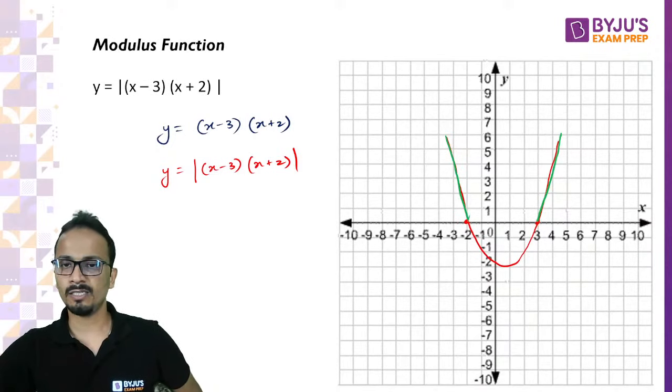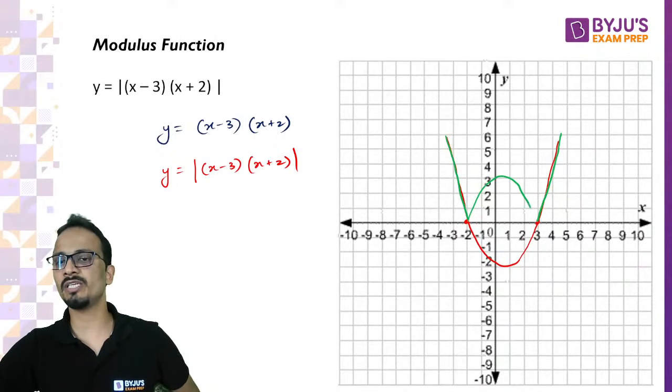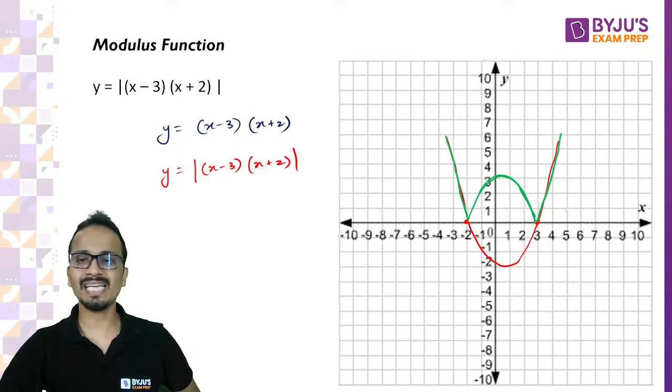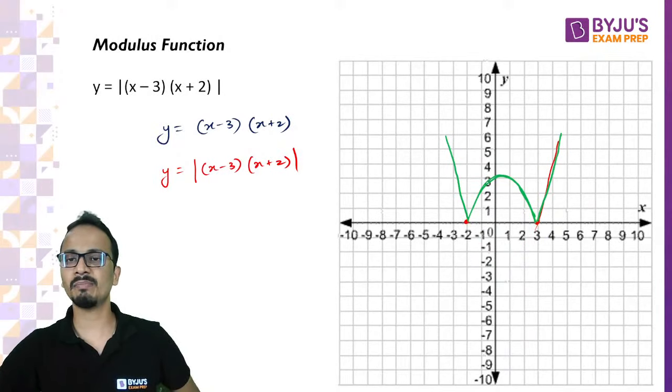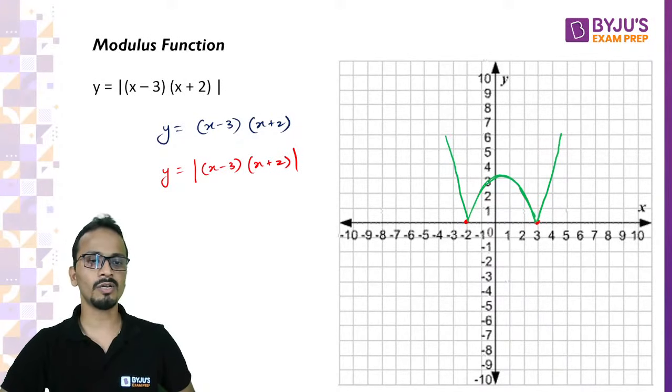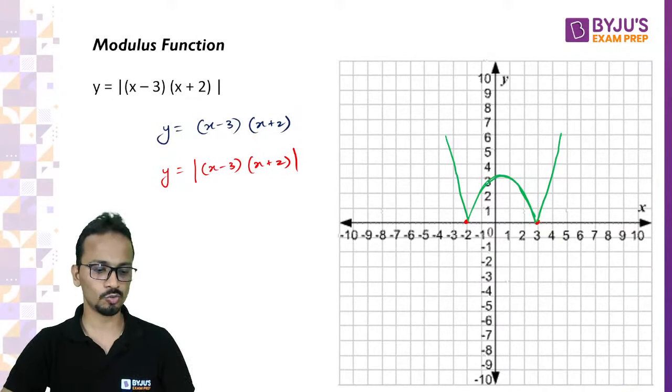And the portion which is below the x-axis will be reflected and come above the x-axis. So the red graph will be completely erased, and what is left will be the green graph, which is the graph for y equal to modulus of x minus 3 into x plus 2.